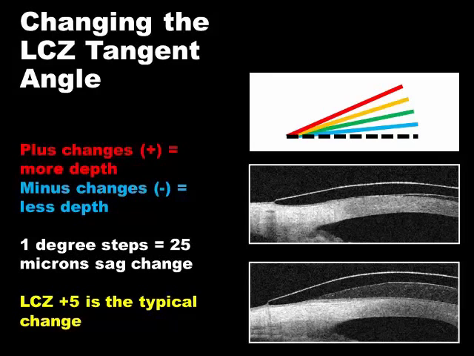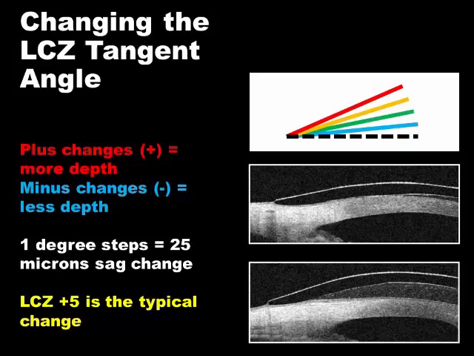If we increase that angle, we create more vault. So what you're doing is changing the angle to be more elevated to increase that fluid between lens and the surface of the eye. So each increment of the 14.5 and the 16.5 represents 25 microns of depth change.